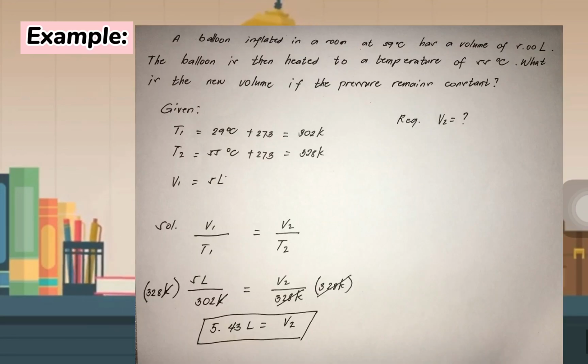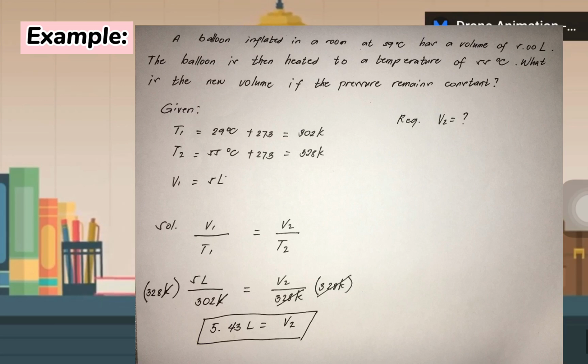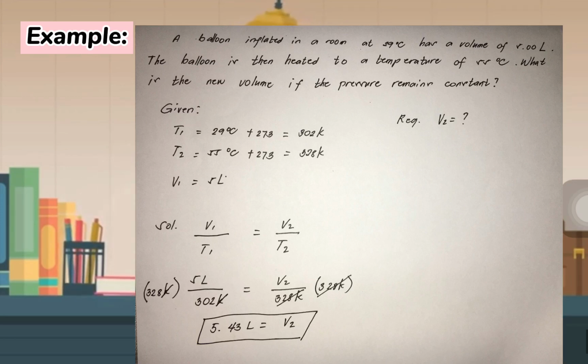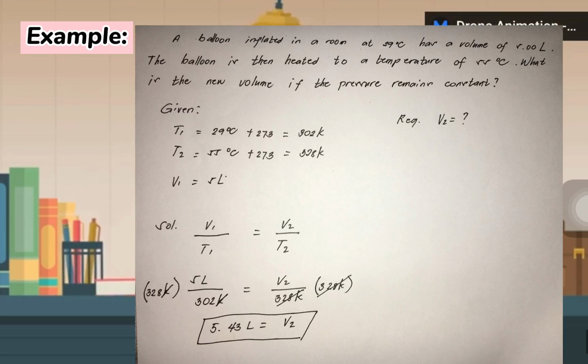Number 1. A balloon inflated in a room at 29 degrees Celsius has a volume of 5 liters. The balloon is then heated to a temperature of 55 degrees Celsius. What is the new volume if the pressure remains constant? So our given is temperature 1 equals 29 degrees Celsius.